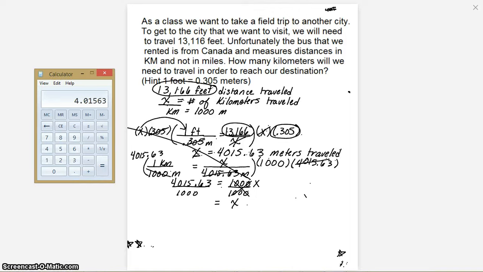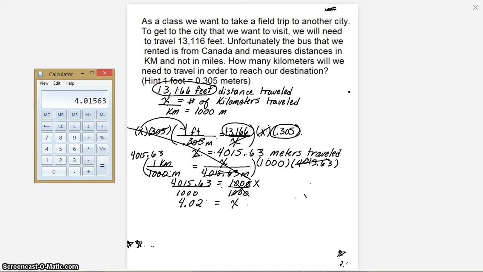So I'm going to do 4.02. Now what does this stand for after all that work? That's going to be the kilometers.